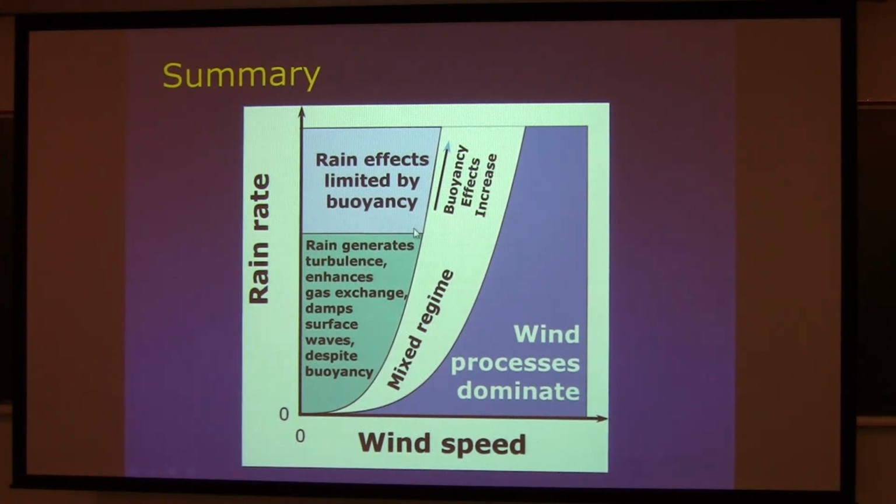But at a certain rain rate, rain effects are going to be limited by buoyancy, whether you initially rain too much, or you start at a lower rain rate, and over time, buoyancy effects will start limiting.